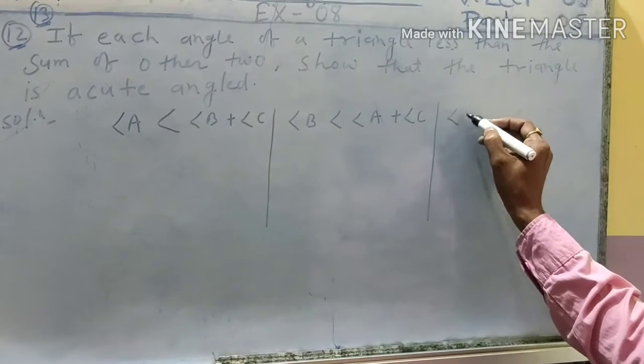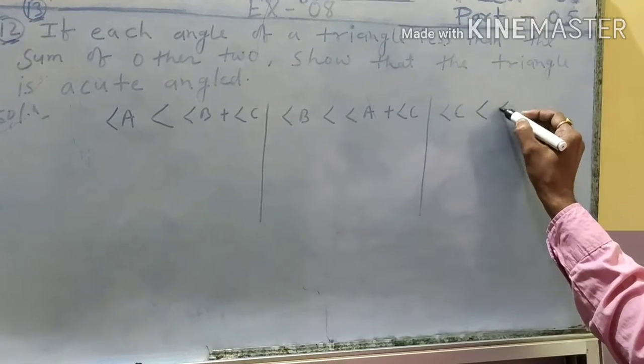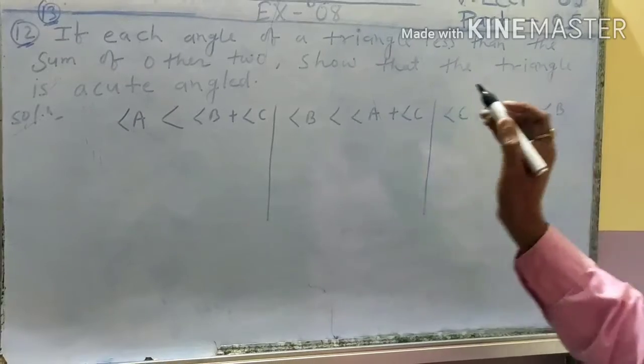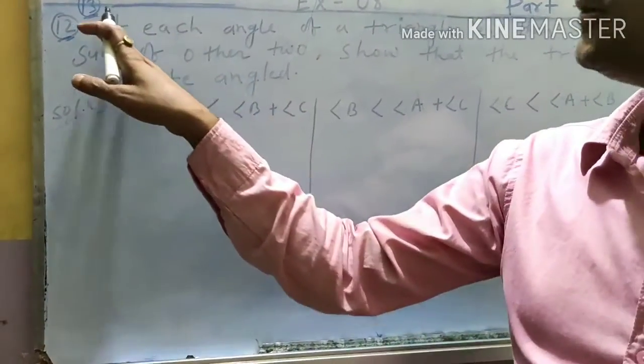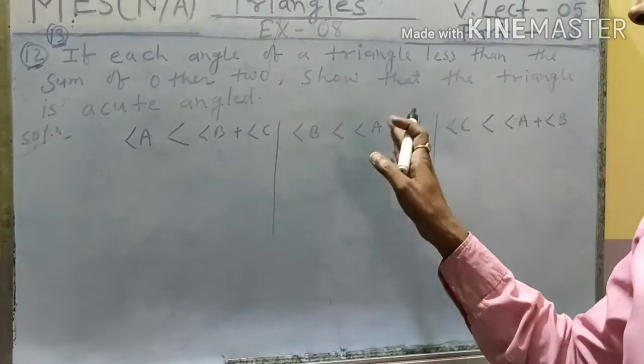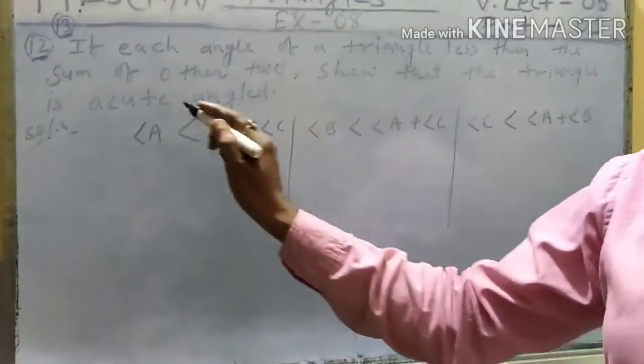And the third condition is angle C is less than angle A plus angle B. Here, student, the question does not give A is less than B and C, B is less than A and C, C is less than A and B.